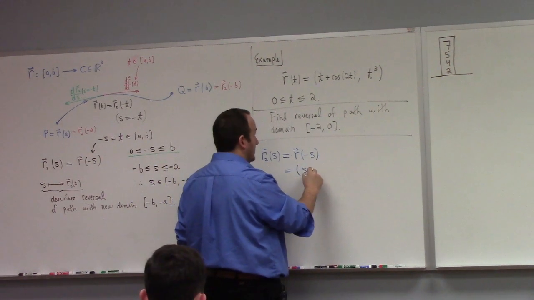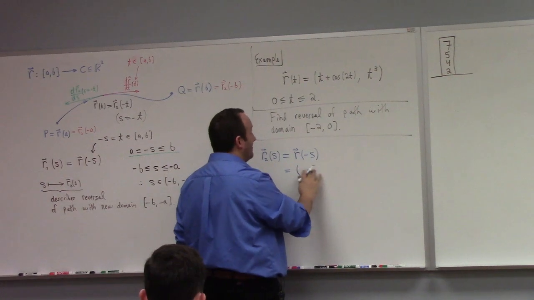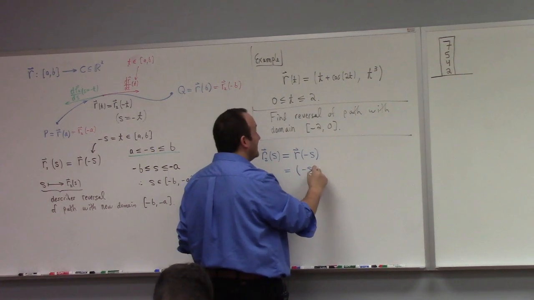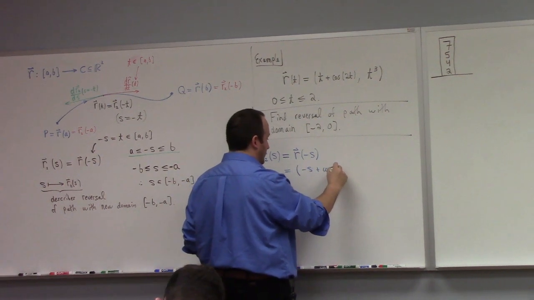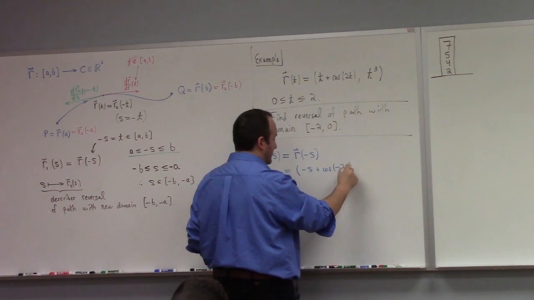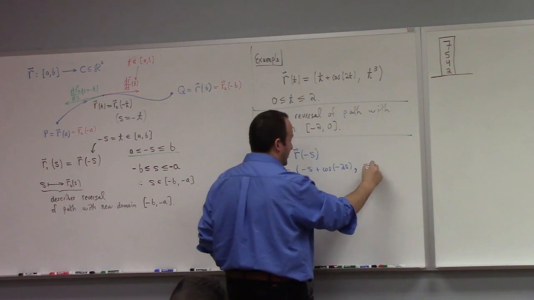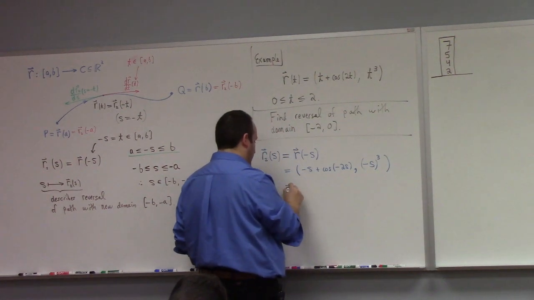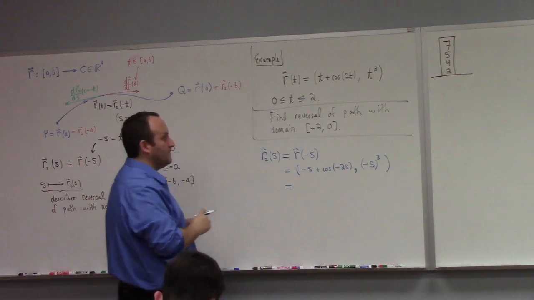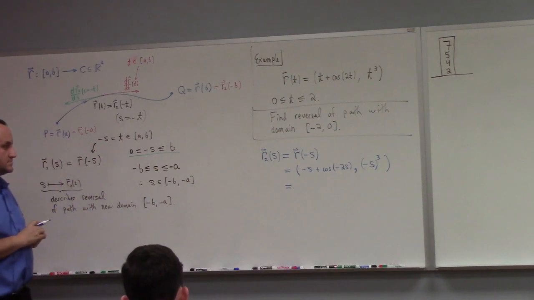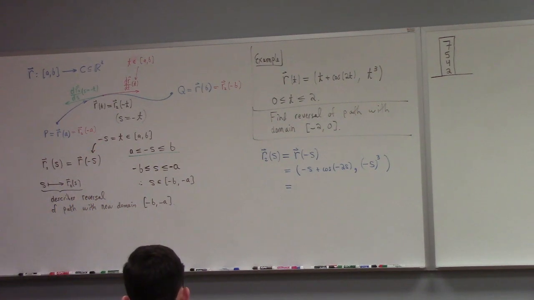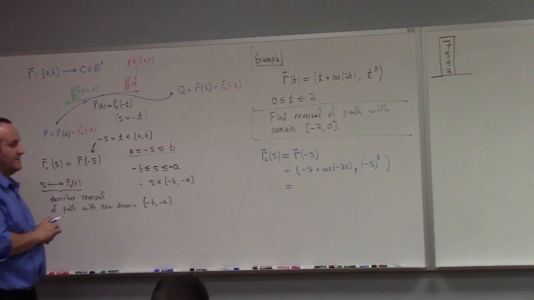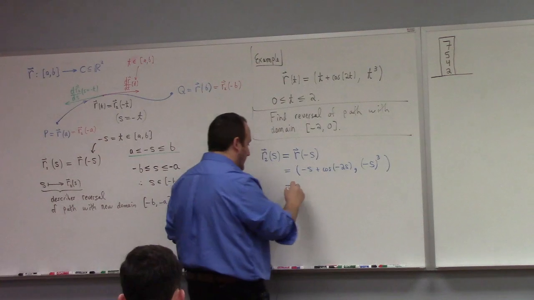Oh, I can't do math. Minus S plus the cosine of minus 2S, comma, minus S parentheses cubed. Can we simplify that? I think we can simplify it a little bit because cosine's even, right?